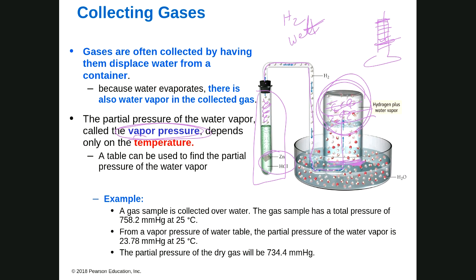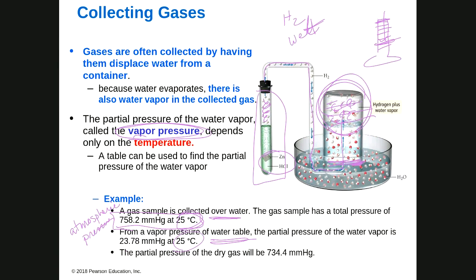All right, and these measurements will be in degrees C, but remember, you still will have to convert those. So if you collect the sample over water, the gas has a total pressure of 758.2 millimeters of mercury. That's something you read on a barometer as atmospheric pressure. Then you look at the water table, and it'll tell you what the vapor pressure of the water is at that same temperature.